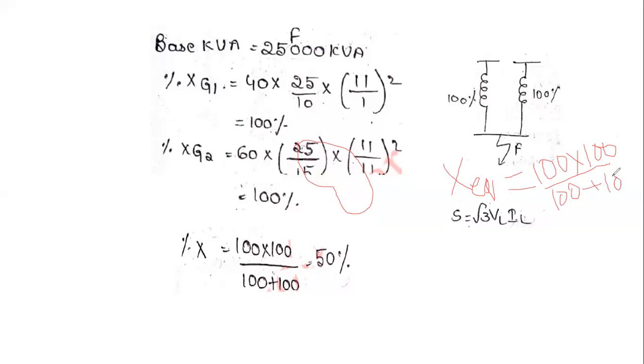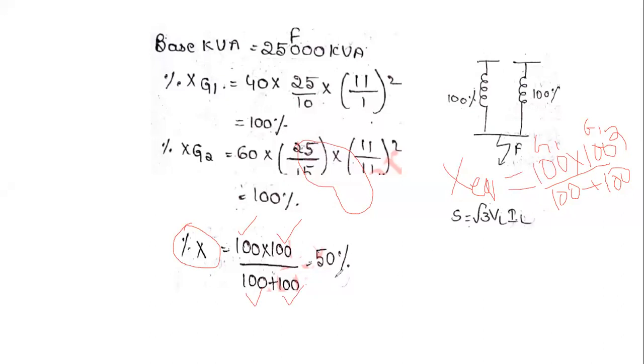This is the generator G1 reactance and this is the generator G2 reactance. When the two generators are connected in parallel, the equivalent reactance is equal to Xg1 into Xg2 by Xg1 plus Xg2.